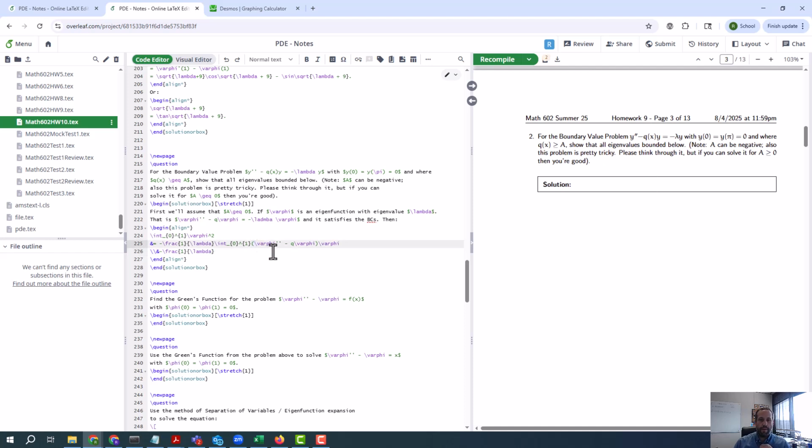I've got phi'' times phi, and I'm going to do integration by parts on that, but leave the q phi times phi alone. The boundary terms are phi' times phi, but phi of 0 and phi of pi are both equal to 0, so we won't have those. I just realized this integral should be up to pi, not to 1.